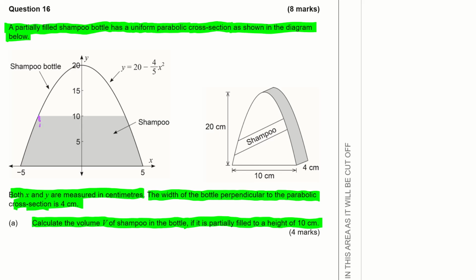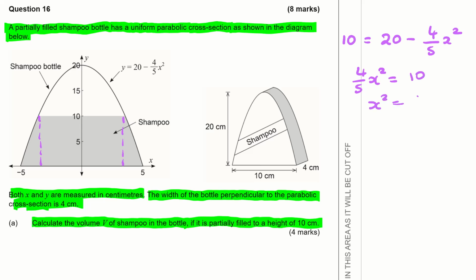So what we really want to know are the coordinates here and here. And we can get that by doing 10 is equal to 20 minus 4/5 x squared. That gives us 4/5 x squared is equal to 10.